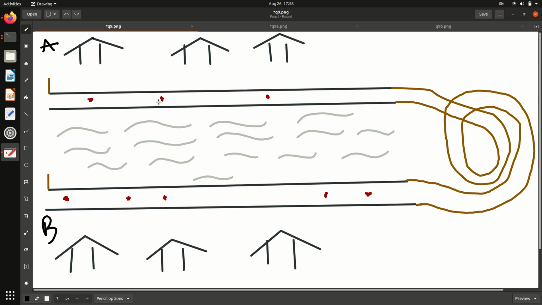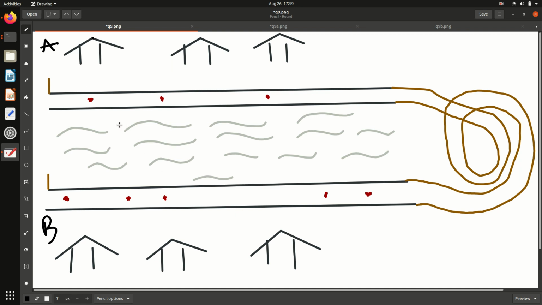These are some given points, and these points are considered as hard. It means this part of the road is hard, so that it will bear the weight of the bridge. In this way there will be some points given on road A and some points given on road B also, and you have to find a point where the bridge will be constructed.